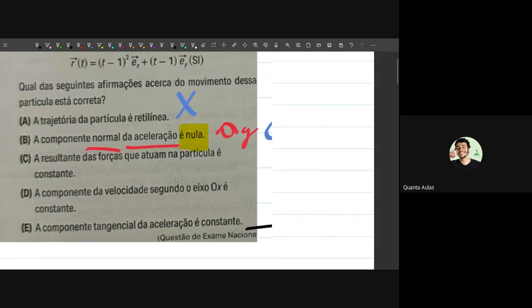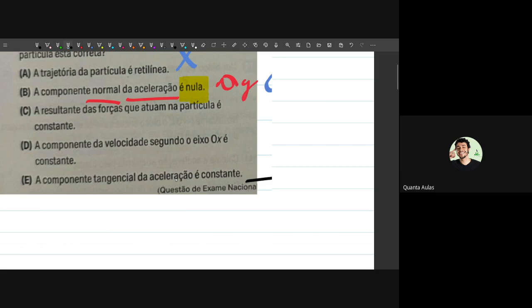So you really need to understand Newton's second law. Newton's second law says the sum of the forces, the resultant force, is mass times acceleration, okay?